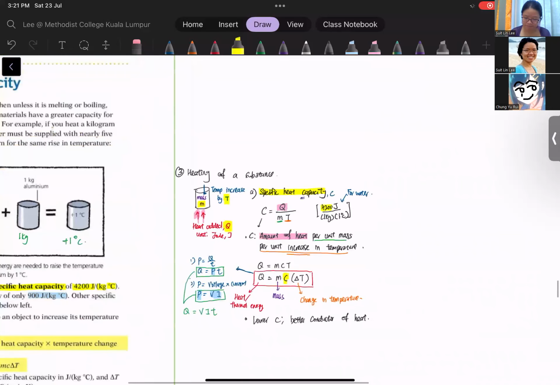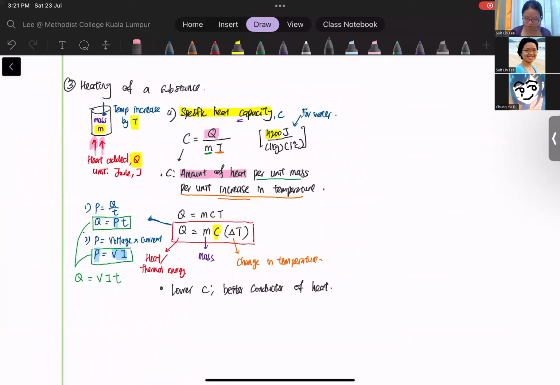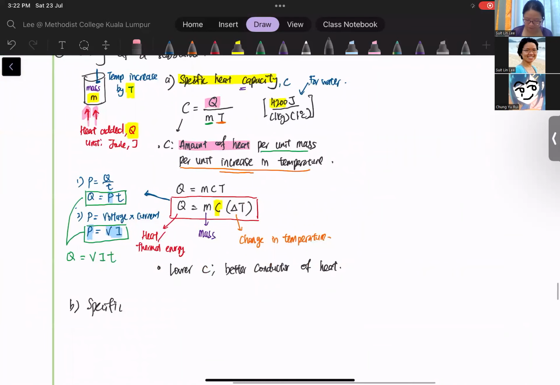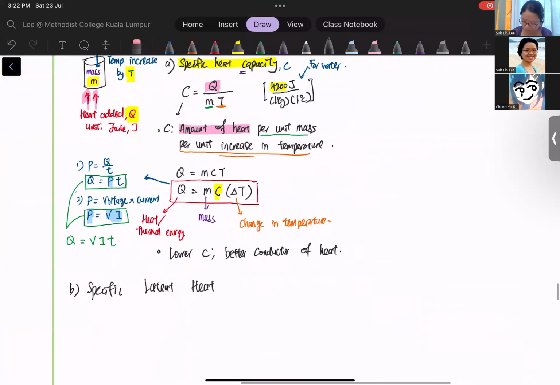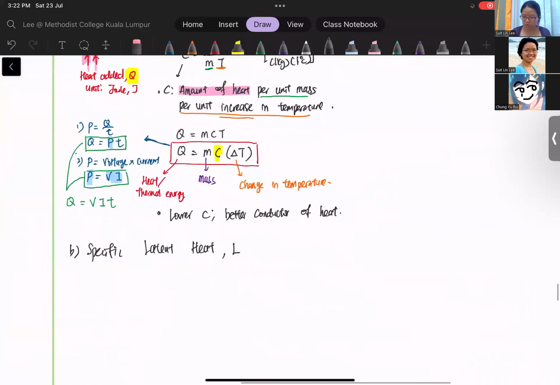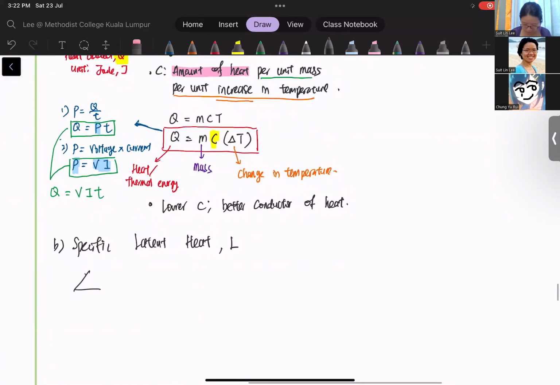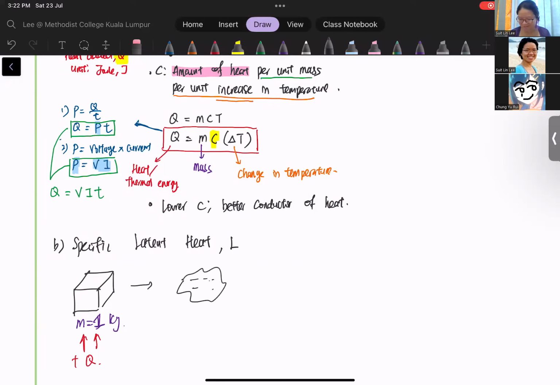But for B, we're going to look at specific latent heat. Symbol is L. Meaning now I want to take 1 kg of ice, or 1 kg of substance, still 1 kg, and I want to add heat so that this 1 kg will become 1 kg of liquid.